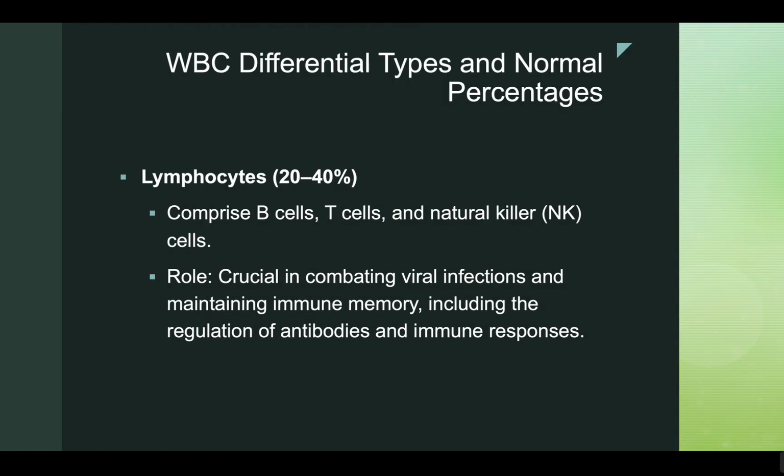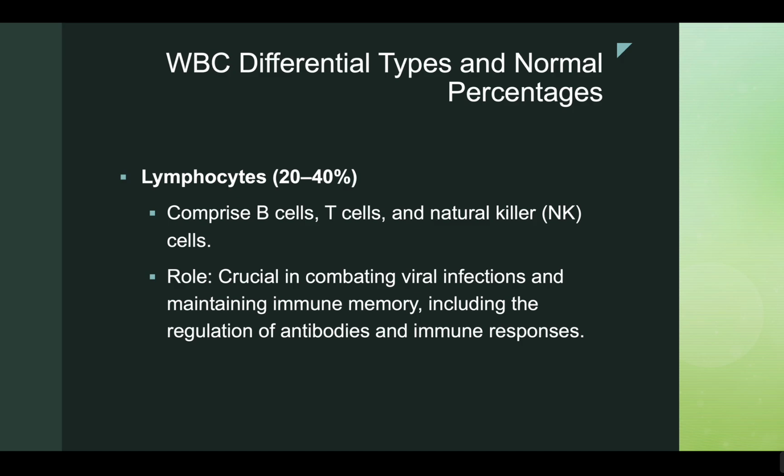The second largest percentage of white blood cells is the lymphocytes, which take about 20 to 40% of the white blood cells. Lymphocytes comprise the B cells, the T cells, and the natural killer cells. I like that, natural killer cells. Their role is majorly to help in crucial moments where there's a viral infection going on in the body.